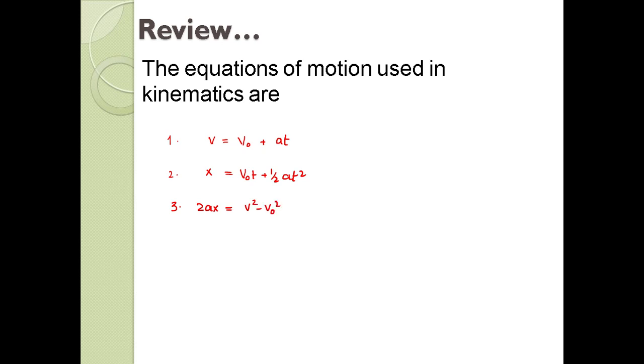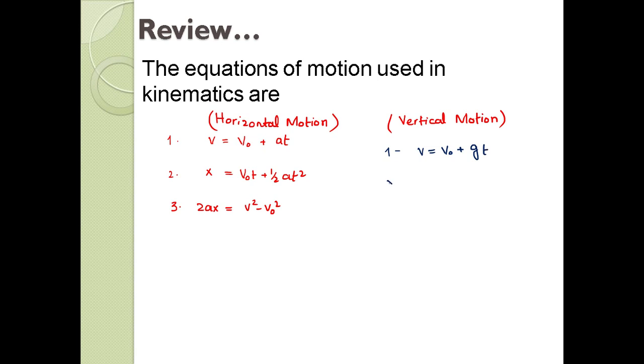These equations which I wrote are true for horizontal motion, for example when a car or a train is moving horizontally. But the same equations can be used for vertical motion in a different way. We will replace x with y, and a with g. So the first equation is v = v naught + gt.